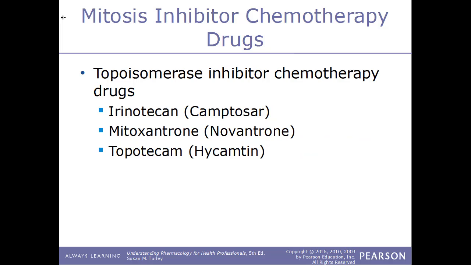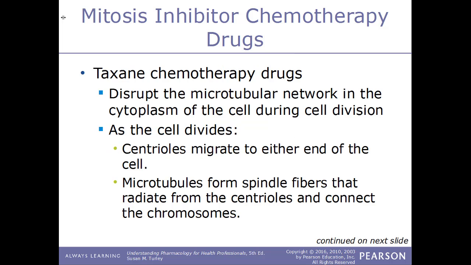Some examples of a topoisomerase inhibitor would include irinotecan, known by its trade name Camptosar, mitoxantrone, known by its trade name Novantrone, and topotecan, known by its trade name Hycamtin. Another type of mitosis inhibitors are the taxane chemotherapy drugs. And these work because they disrupt the microtubular network in the cytoplasm during cell division. Now, as a cell divides, centrioles will migrate to either end of the cell.